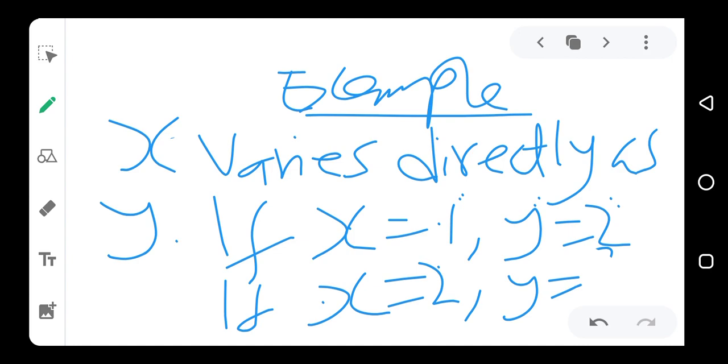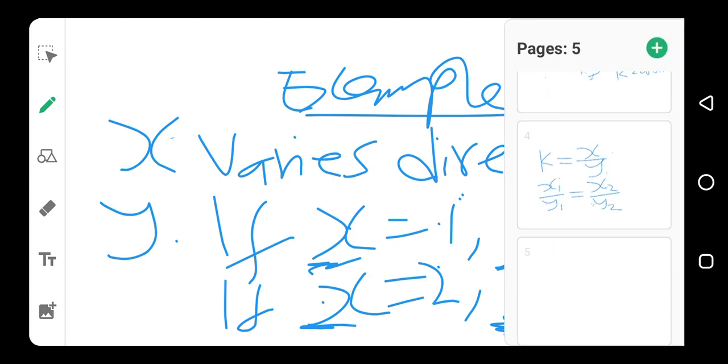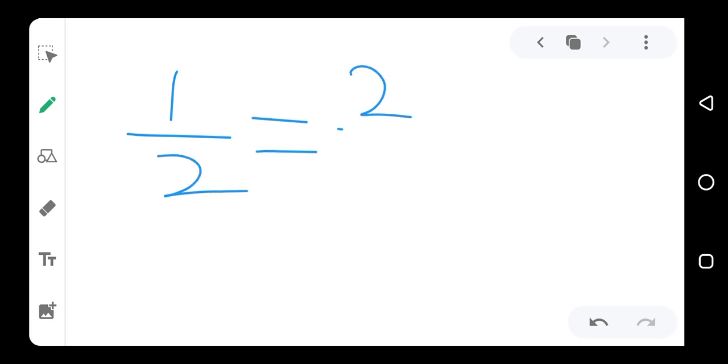So we call this one x1, this one y1, this one x2, and this one y2. So we put it in that equation. We now have that x1 is 1 over y1 is 2, is equal to x2 is 2 over y2.